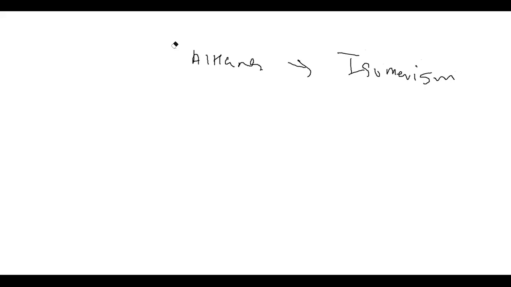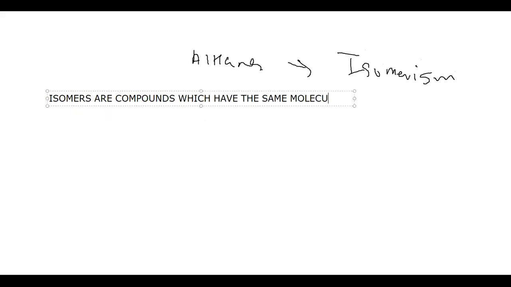But the book's definition, what they want you to know, is that isomers are compounds which have the same molecular formula but different structural formulae. This is the definition that they want you all to learn, right?